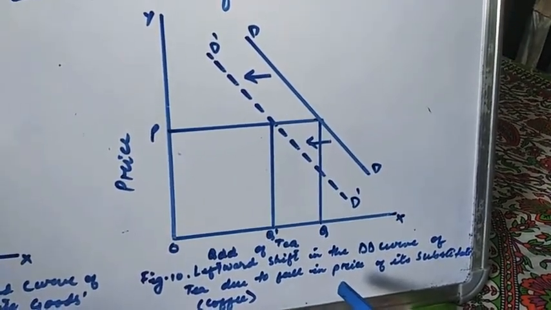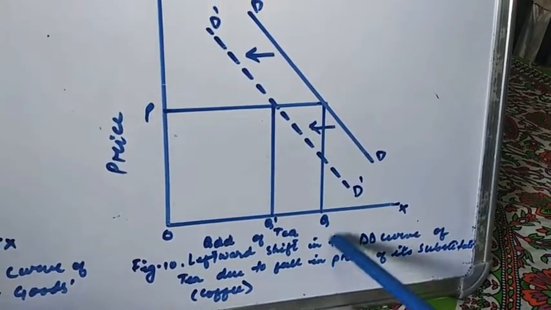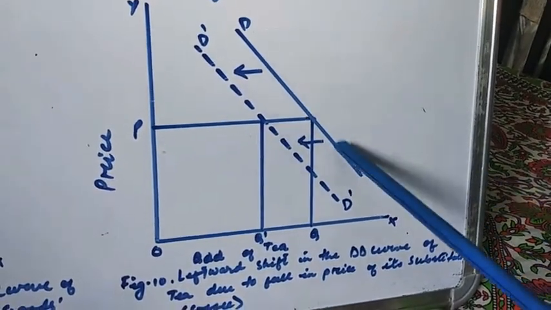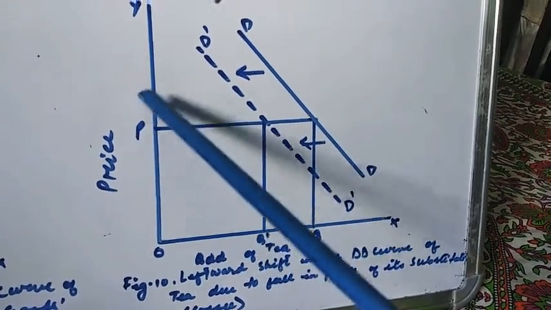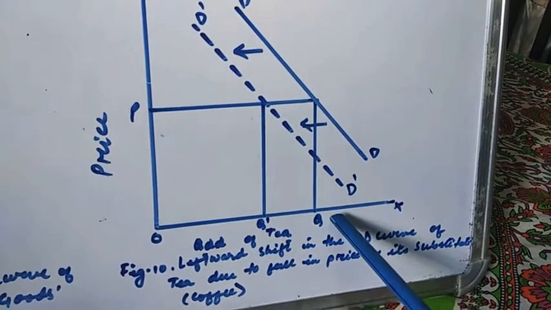So earlier, before the fall in the price of coffee, the demand curve is at DD and price is at OP, and a consumer is demanding OQ amount of tea.